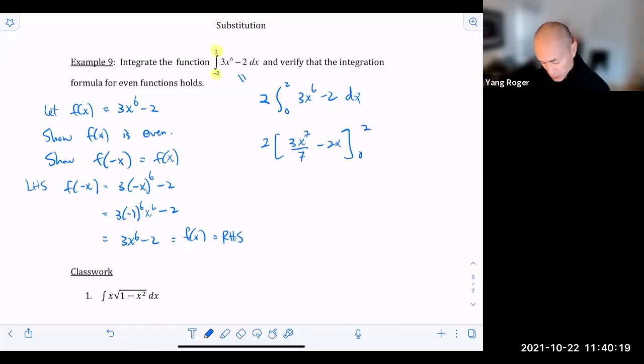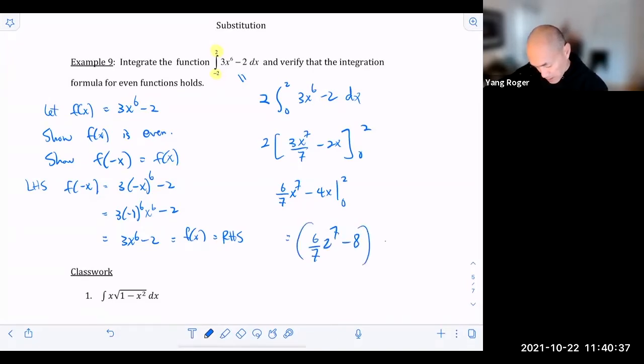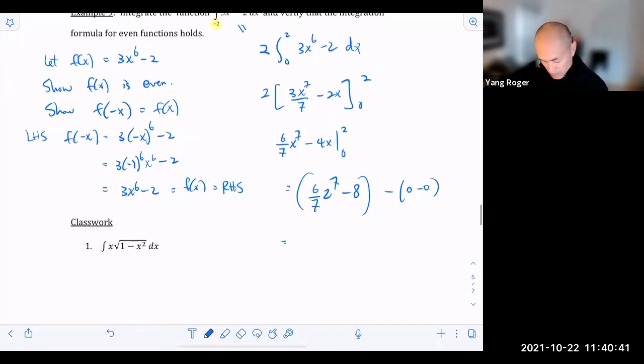So let me bring the 2 in. That's going to give me 6 over 7 x to the 7th minus 4x from 0 to 2. And that's going to give me 6 over 7 times 2 to the 7th minus 8, minus 0 minus 0. So we get 6 over 7 times 2 to the 7th, minus 8. Whatever that number is.